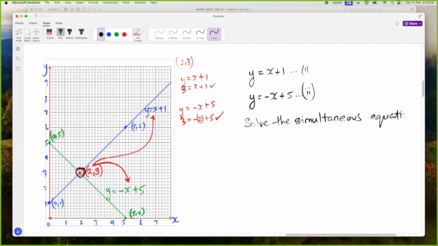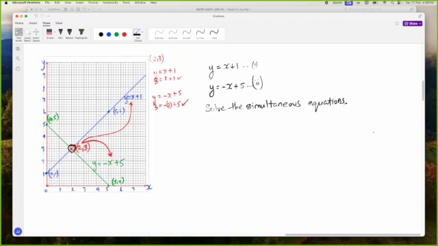I'm sure everybody here came across simultaneous equations before. Some of you might be shaking because of it. But what we just did here was the graphical method of solving simultaneous equations.